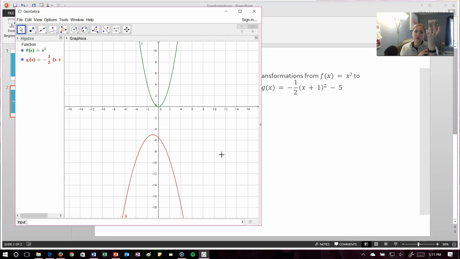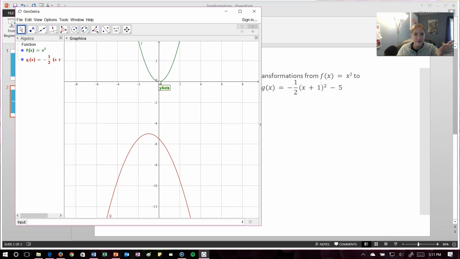And notice the green function is the original function, and it looks like I'm doing a couple things here. It looks like I'm flipping it across the x-axis, and it also looks like I'm dragging it down as well. So I'm dragging it down the graph, and maybe slightly to the left. If I zoom in, it looks like I'm dragging it to the left as well.